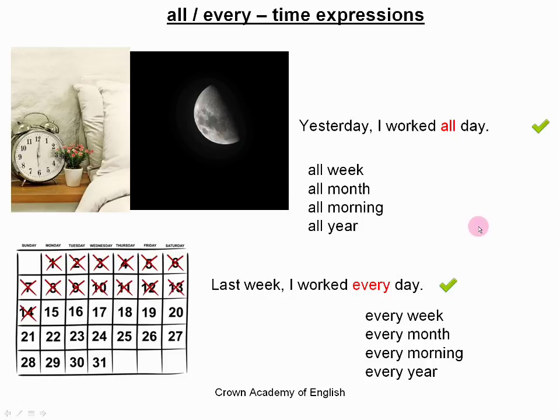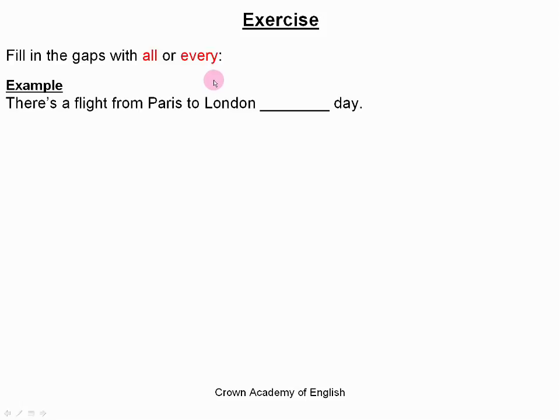So we are now going to test your knowledge, and we're going to do an exercise. So I want you to fill in the gaps. You have to decide if the answer is all or every. So, for example, there's a flight from Paris to London, something day.